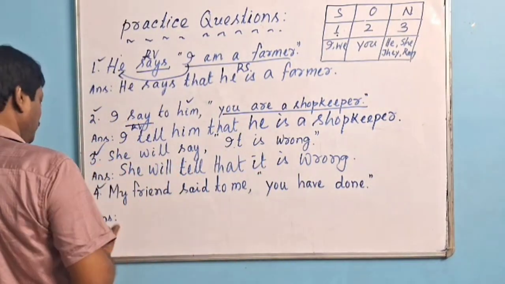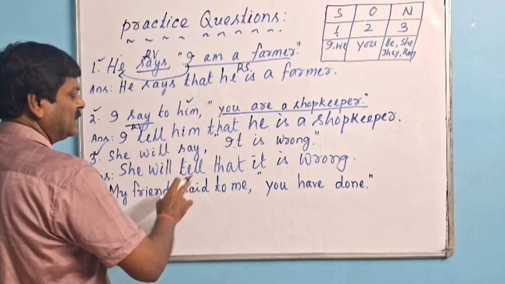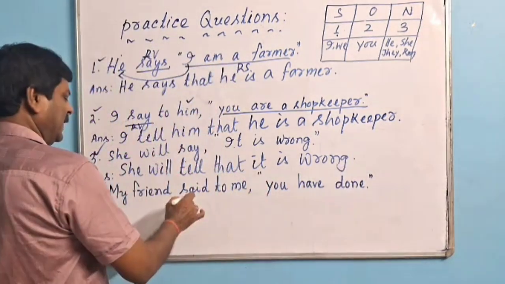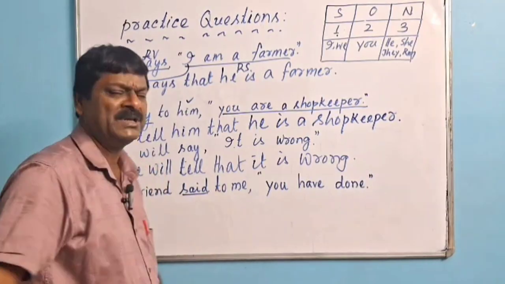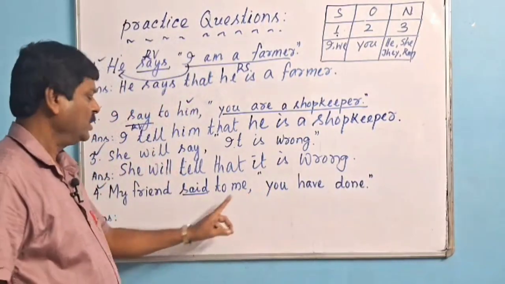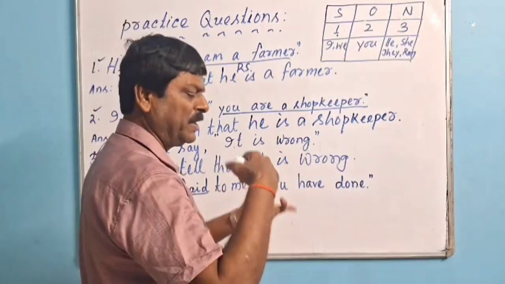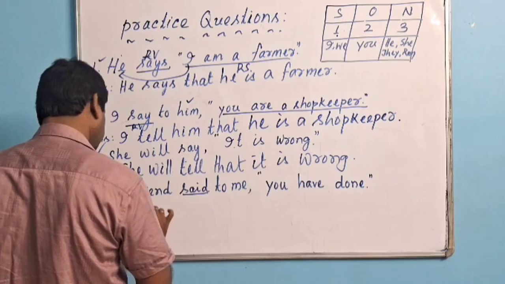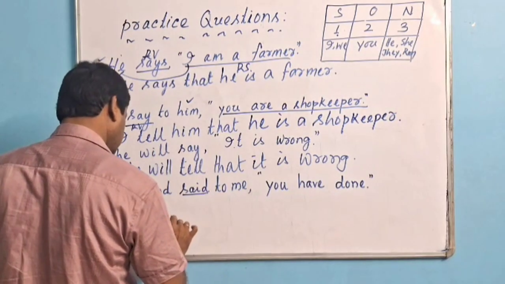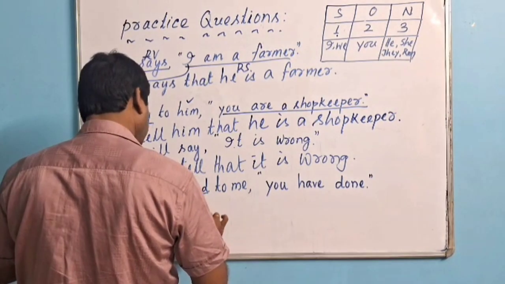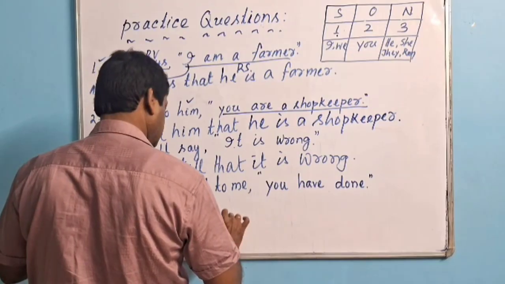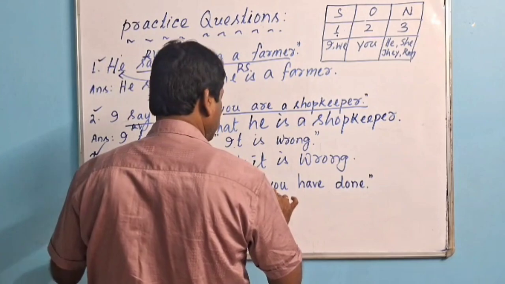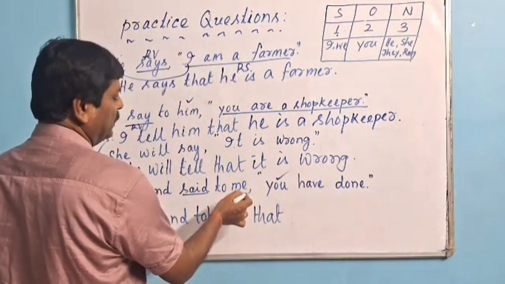Then we shall go for question number 5. My friend said to me, you have done. Here, this is RV. The RV is in past tense and the object is also here. So said will be converted to told. My friend told me that, you will change according to me.